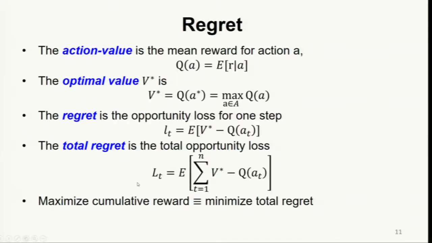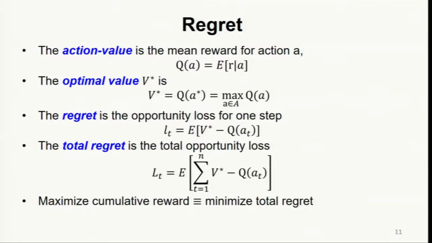So the action values. This is the action. You get a reward, but you are focusing on the expectation. Okay? So this is called Q. The optimum value V star equals Q(a star).